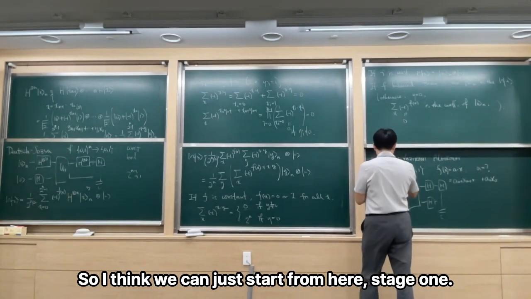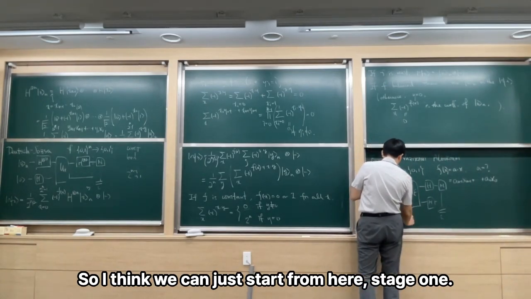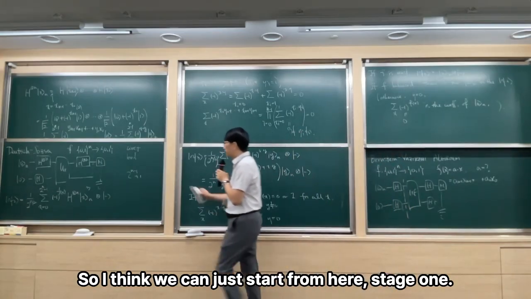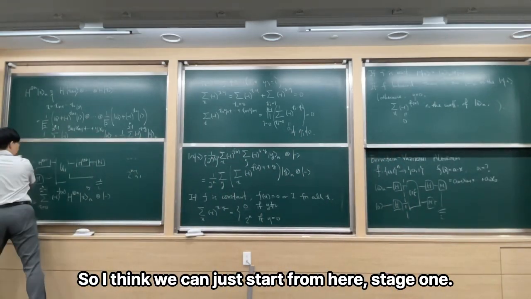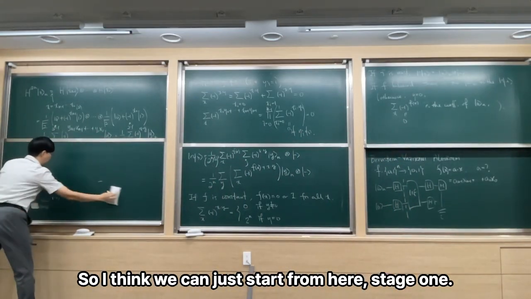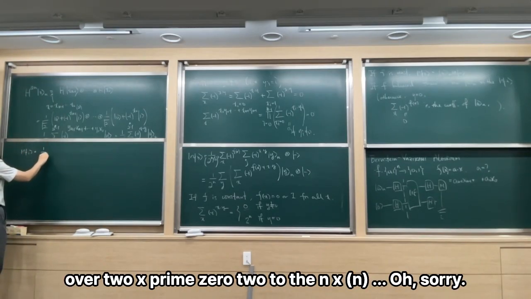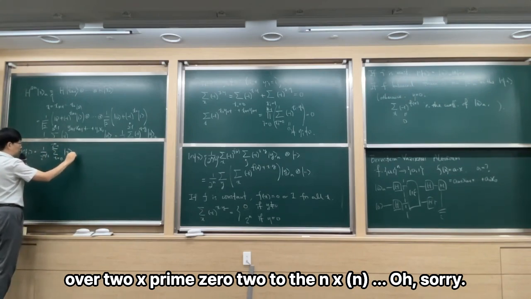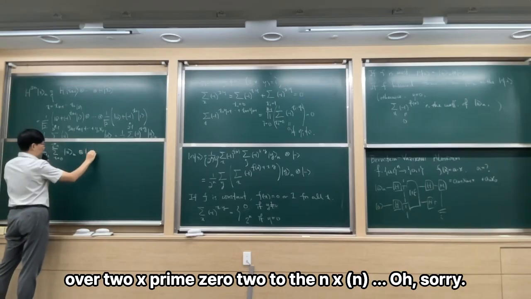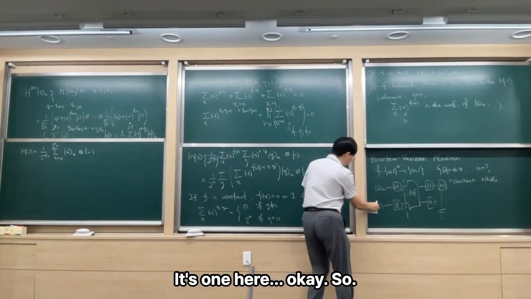So I think we can just start from here, stage 1. So psi 1 is 1 over 2 to the n over 2, sum over x from 0 to 2 to the n minus 1, x ket, oh sorry, it's minus ket here.